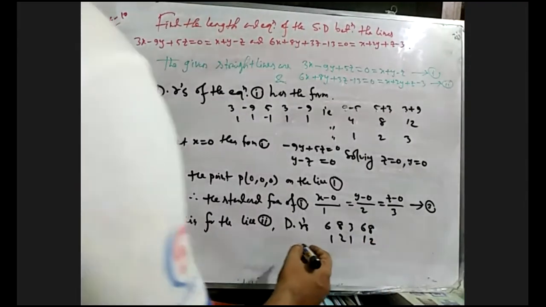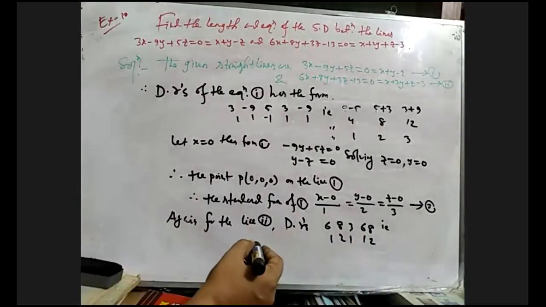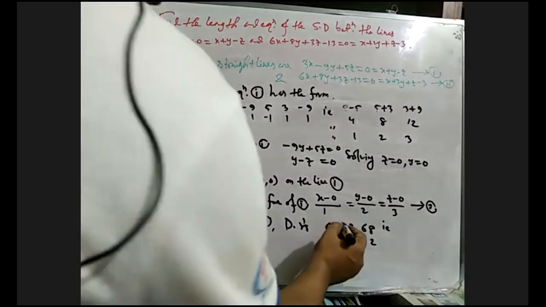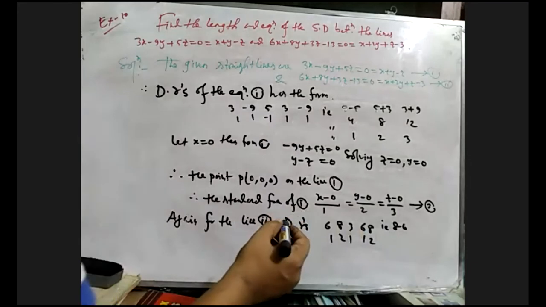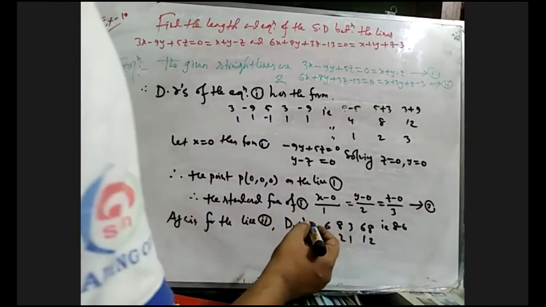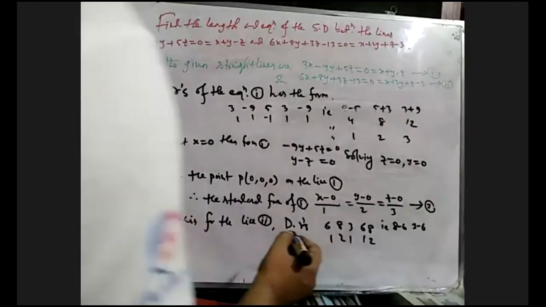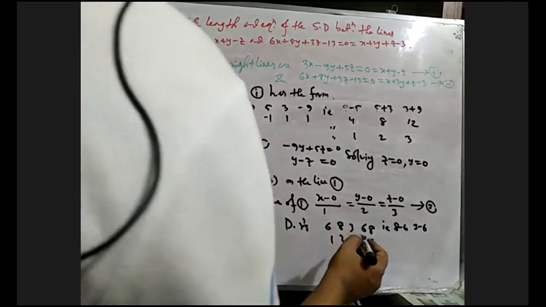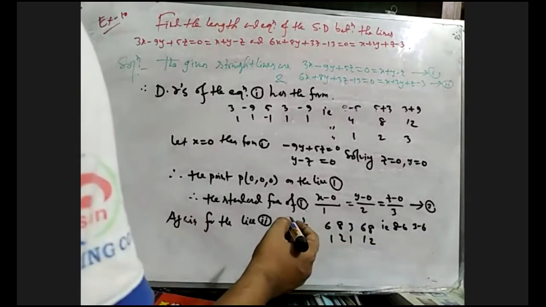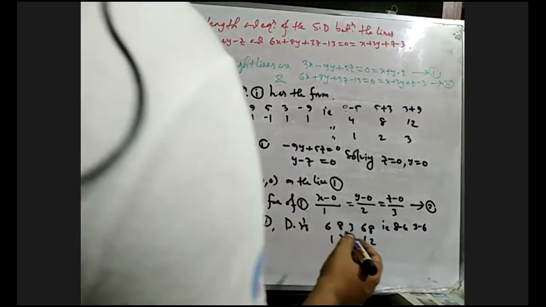That is, we get 8 minus 6, 3 minus 6, and 12 minus 8.